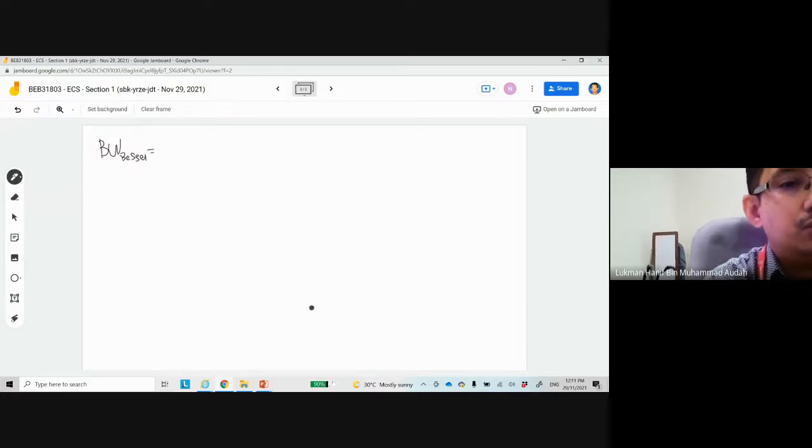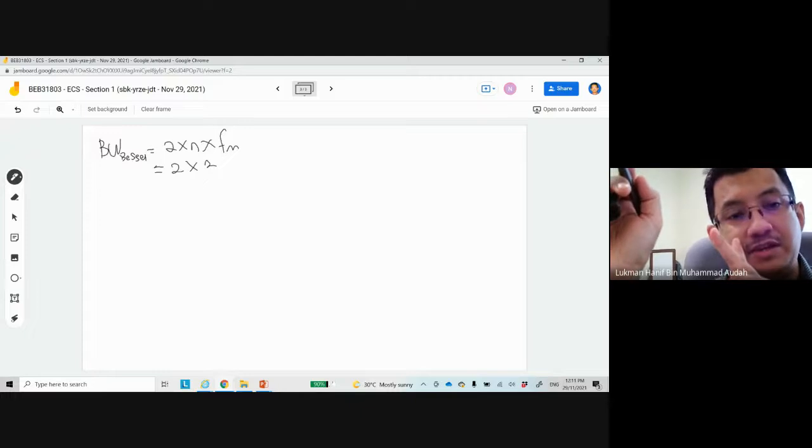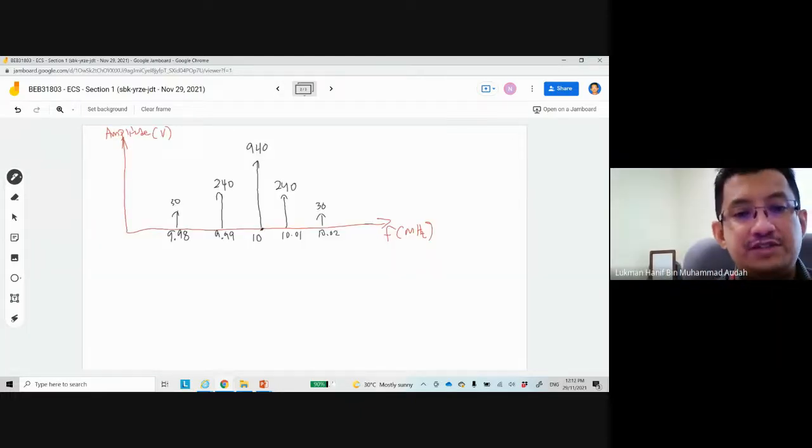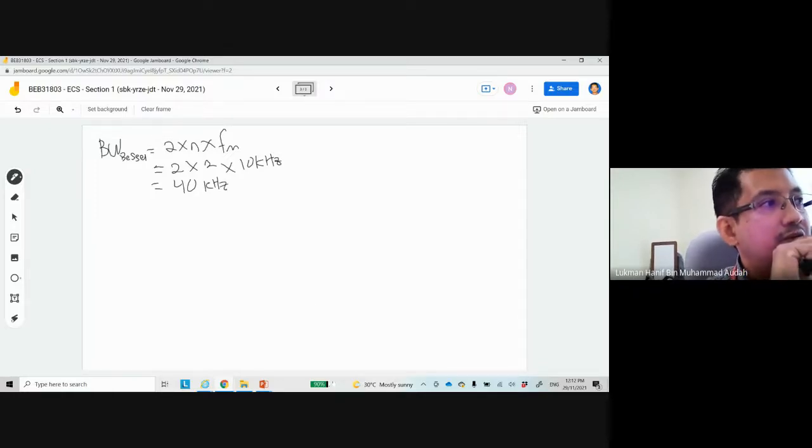This is equal to 2 times N times Fm. So ini sebenarnya bersamaan dengan 2 kali N adalah 2 because we have 2 significant sideband. Ini tadi we have 2 significant sideband. Times Fm here, how much? Fm here is 10 kilohertz. So this is equal to 40 kilohertz. Okay, and then what?